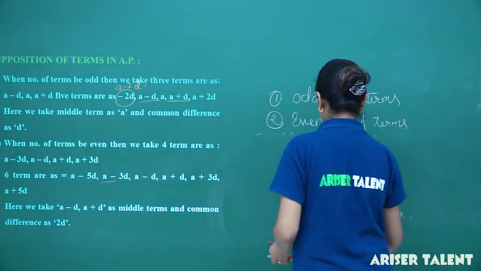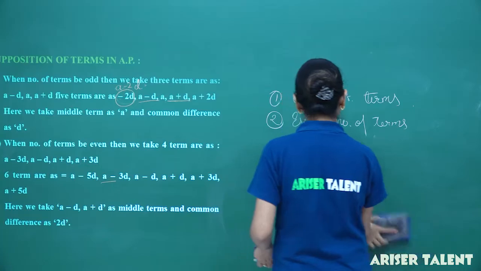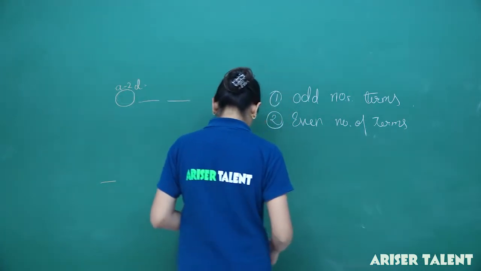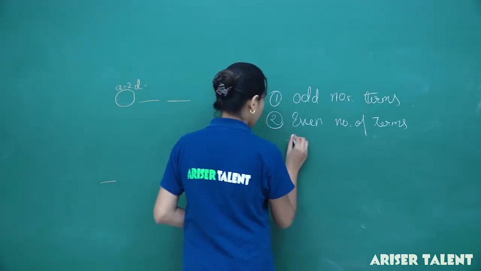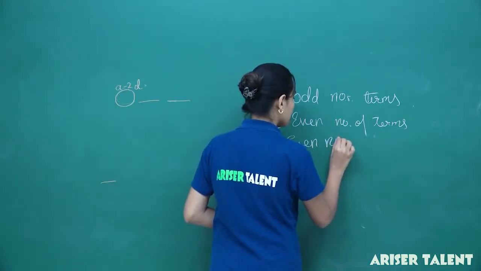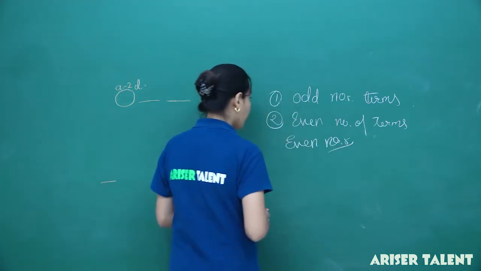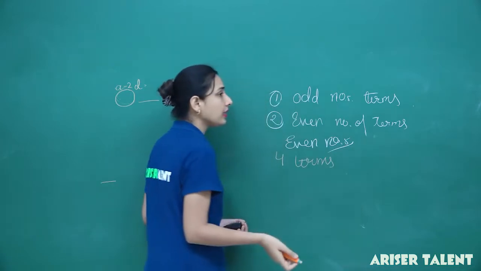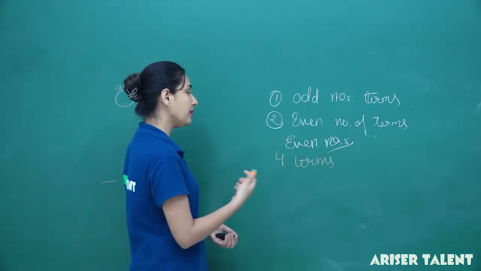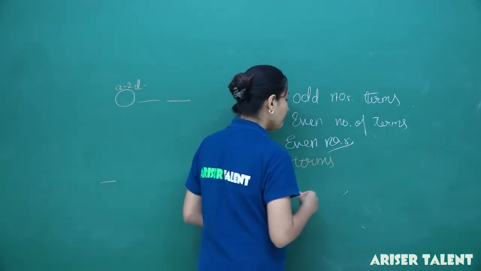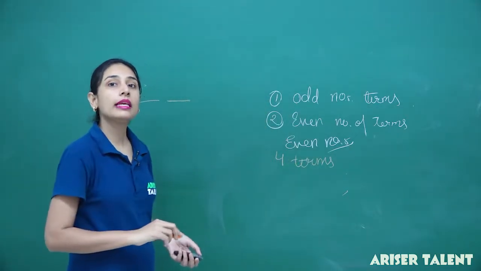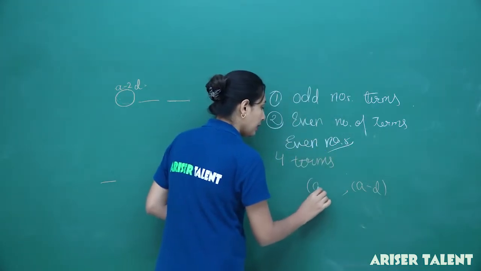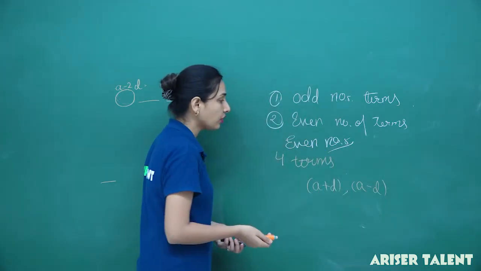If we talk about the even number, how many numbers can we have? For even numbers, we can have 4 terms, because 3 is odd. So we will be having 4 terms. If I am having 4 terms, I am not going to suppose A. I am going to suppose A minus D, A plus D. So what is the difference here?